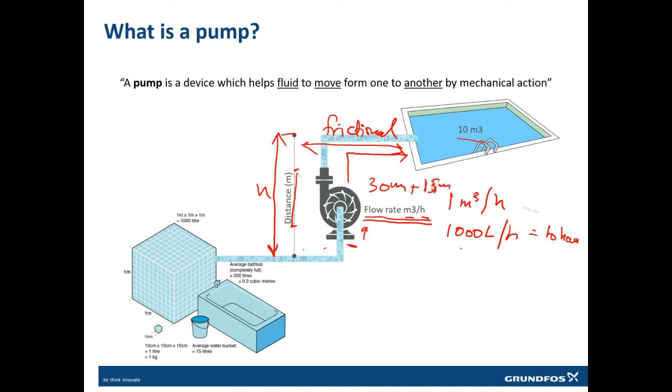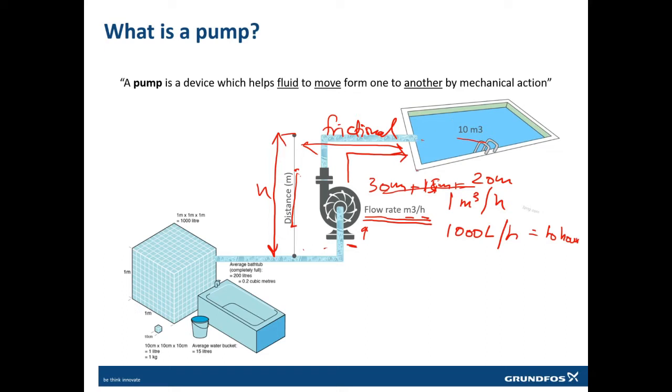So this is 15 meters high and 30 meters long. So the total head would be approximately, not 45, because of friction, so I would say around 20 meters of pressure you will need out of the pump, so that the water which you are pushing from here will eventually reach this point.